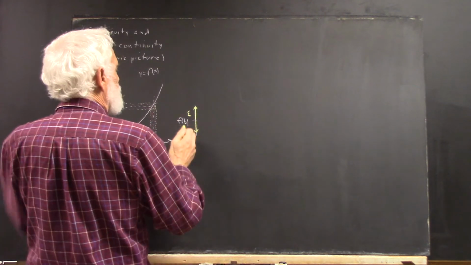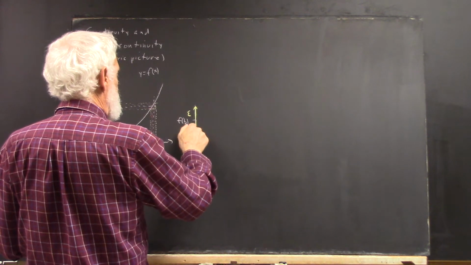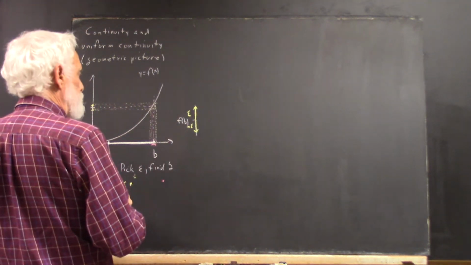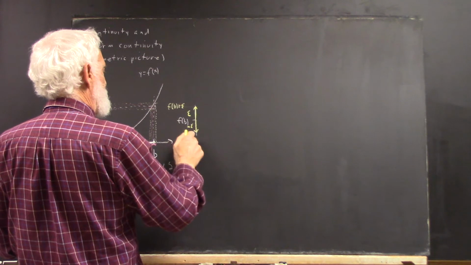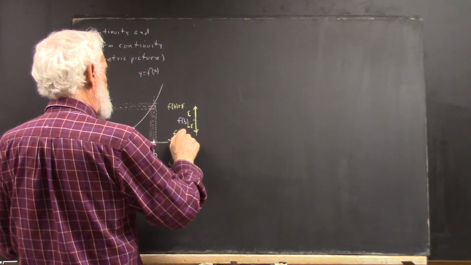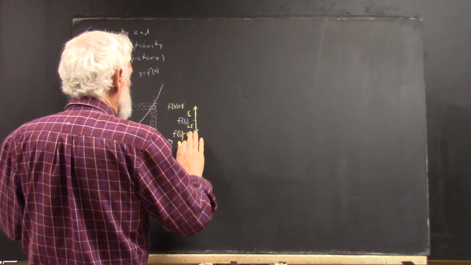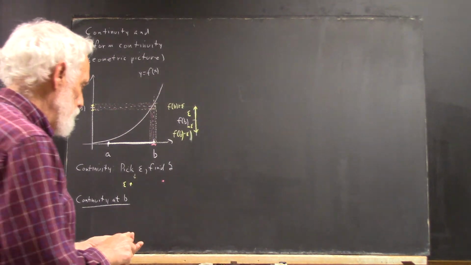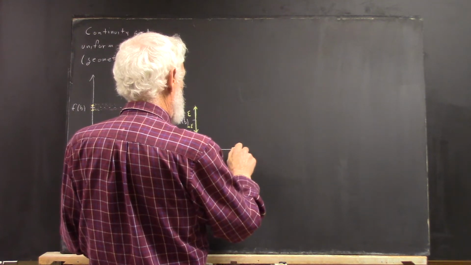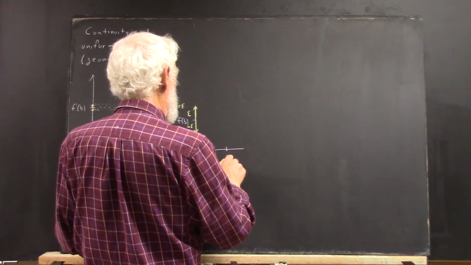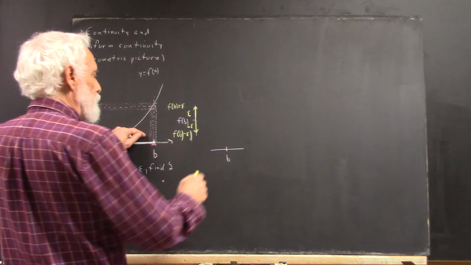There's epsilon, f of b plus epsilon, f of b minus epsilon. So that f of b minus epsilon, and my x interval over here, here's b. Here's the yellow projection line.